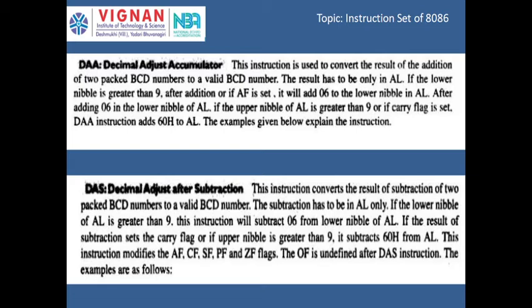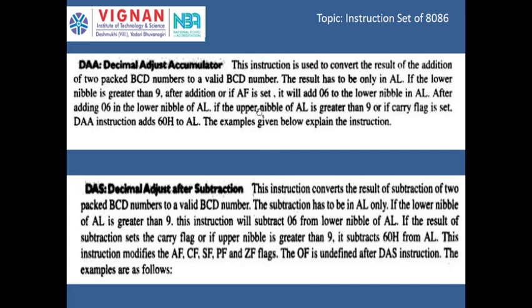That means whenever we add two BCD numbers and the result is not a valid BCD number, it will be converted into a valid BCD number by using this DAA instruction, decimal adjust after addition, or in some books it is mentioned as decimal adjust accumulator. The result has to be only in the accumulator lower byte, that is AL.